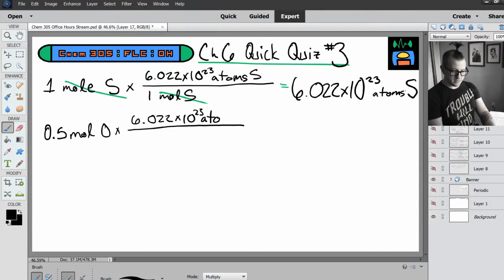Let's convert this to atoms. Right here, moles of oxygen cancel moles of oxygen.